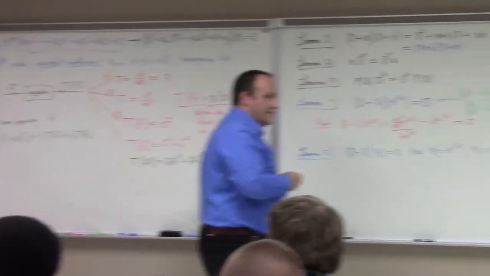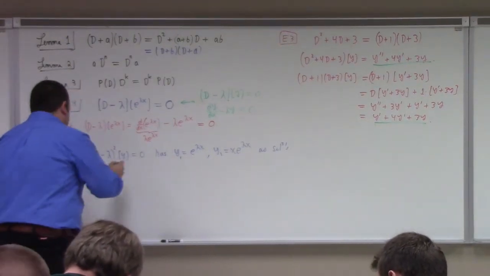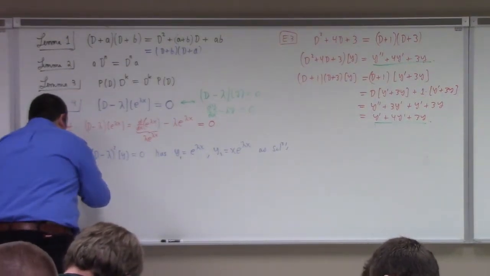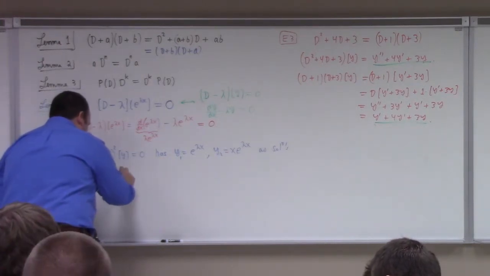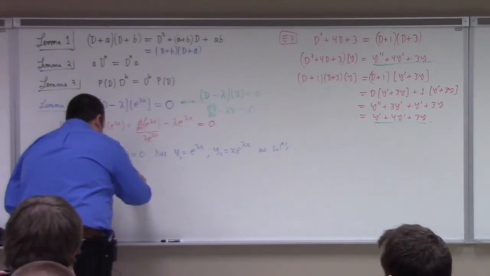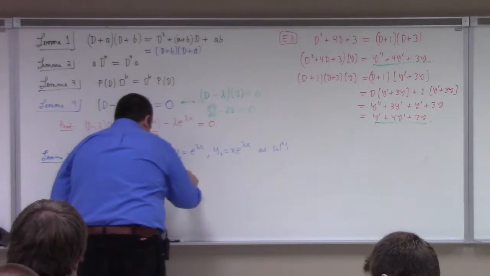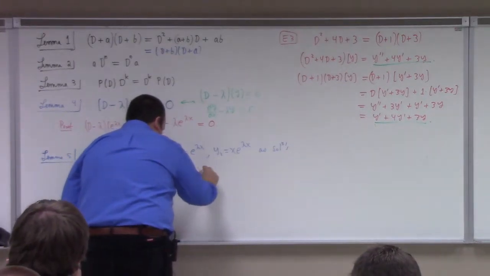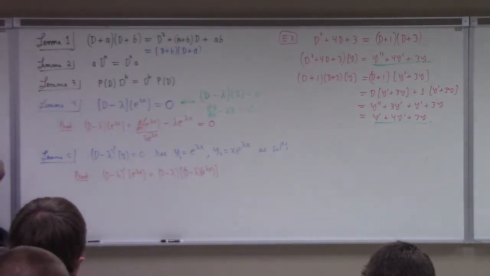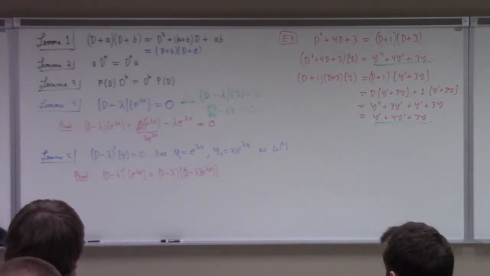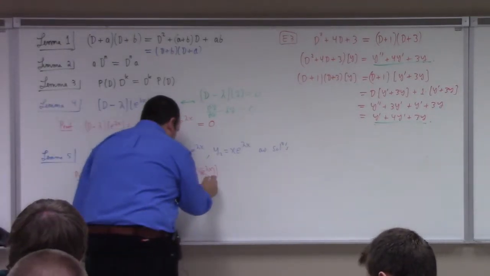So that's kind of important here because the proof has 2 stages, right? I mean, I guess you don't need to look at it from that lens, but maybe it's good to do that. So if I say D minus lambda squared, and I feed it e to the lambda x, what happens? It operates 2 times, right? So the first one does what? By lemma 4, we already know this is what? 0.